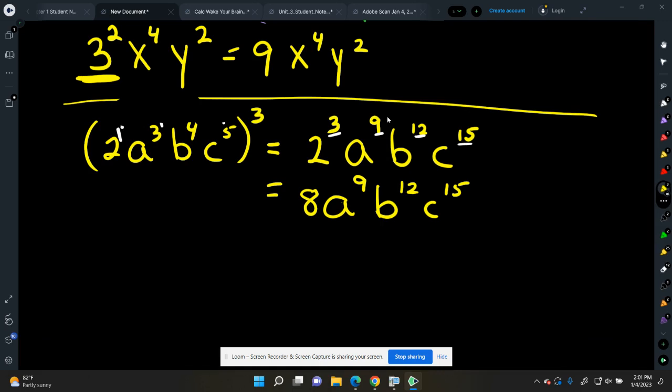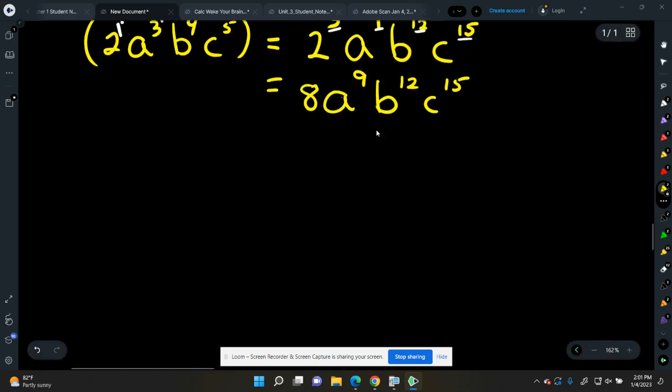So let's say that again. When we multiply, what do we do with the exponents? We add them. When we divide, what do we do with the exponents? We subtract. When we have an exponent outside the parenthesis, we multiply. Okay? So let's look at another one.